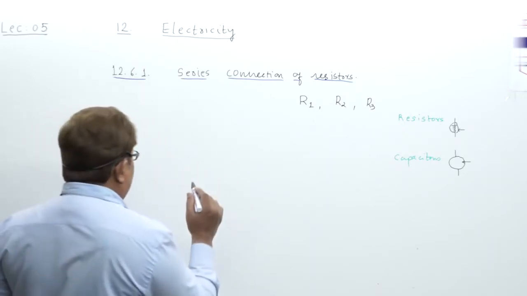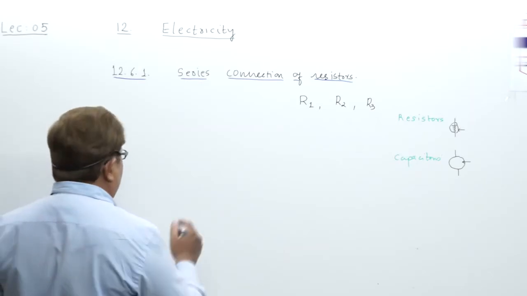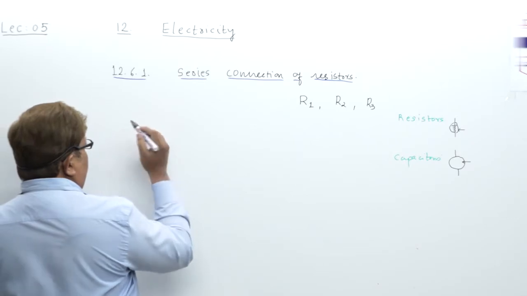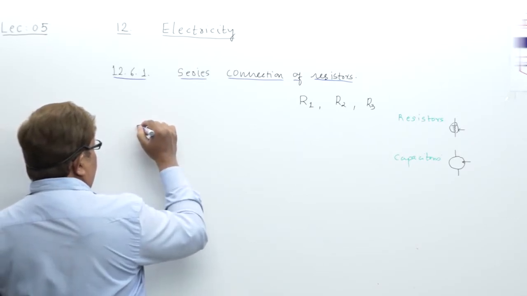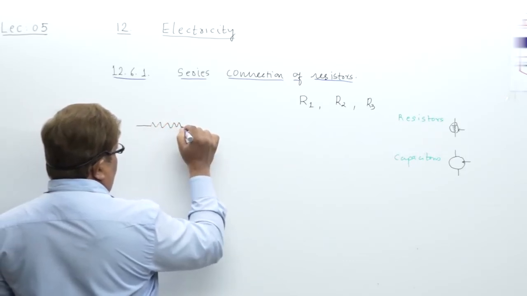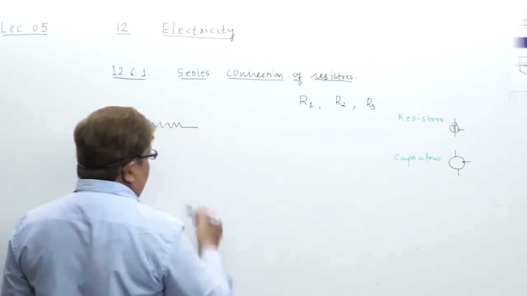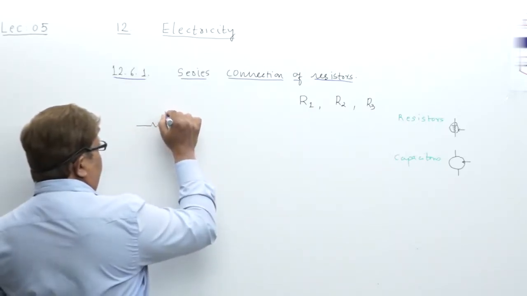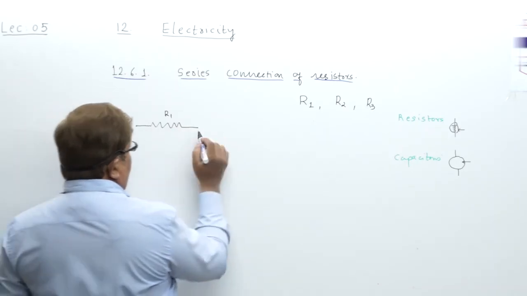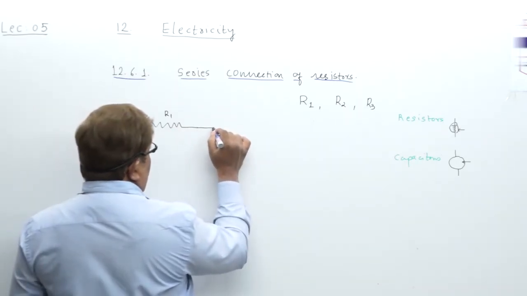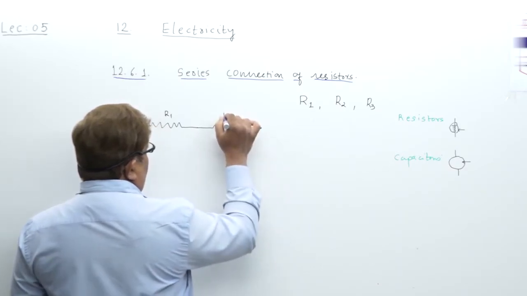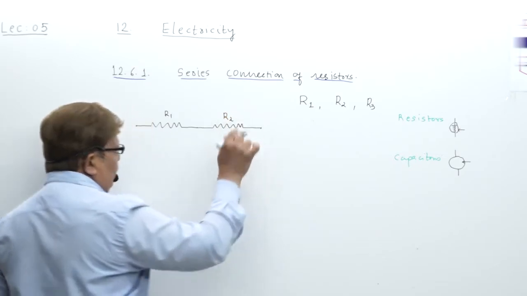Three resistors, my dear student, we have. Let us try to design the electric circuit. First resistor, this is R1. Then let us take another resistor, you can say it R2.